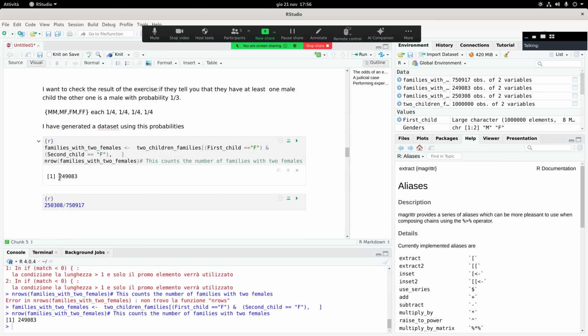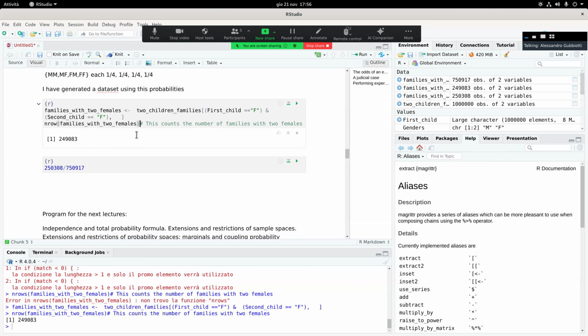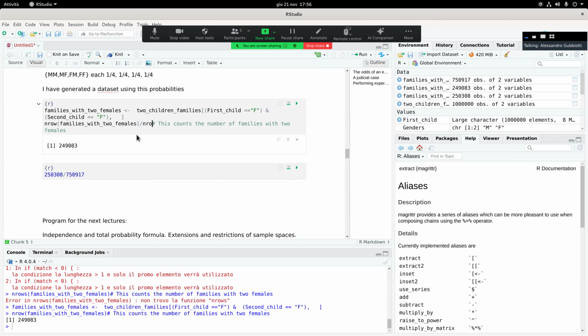Yes, there are approximately... So this is 1/4 of the total. So let's divide it by the number of rows of the dataset. So of families, two children families. So approximately it is 1/4. This is 0.25.